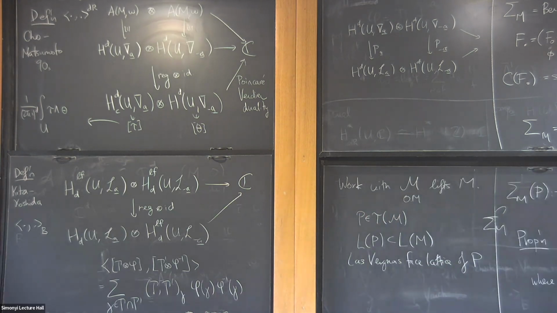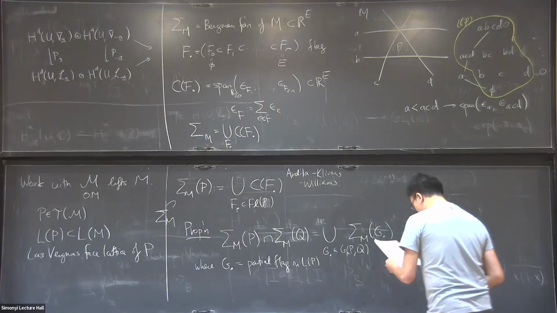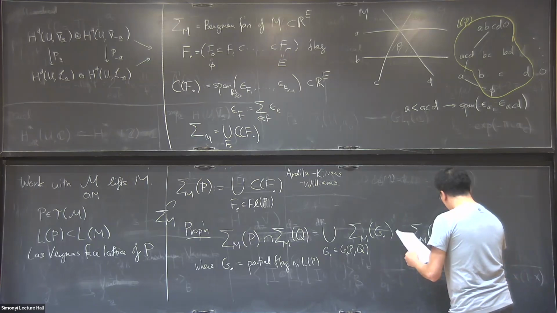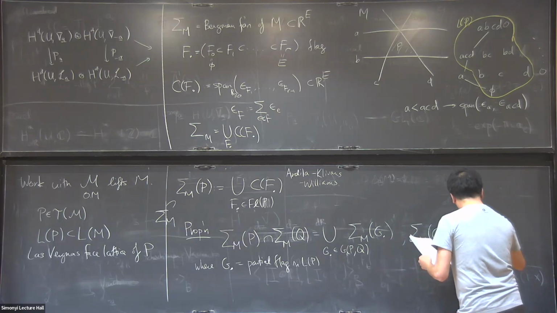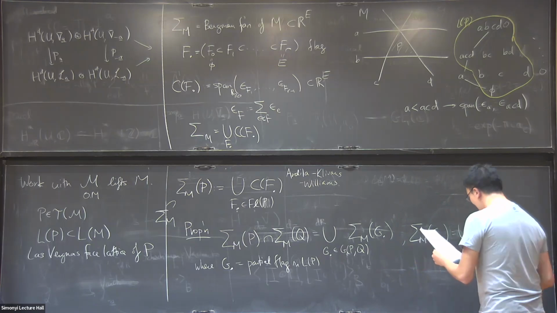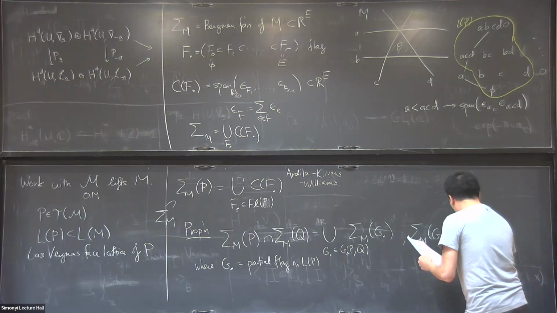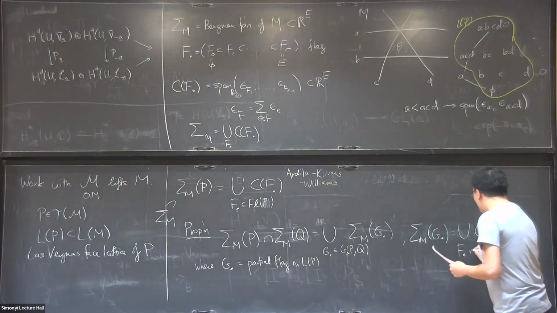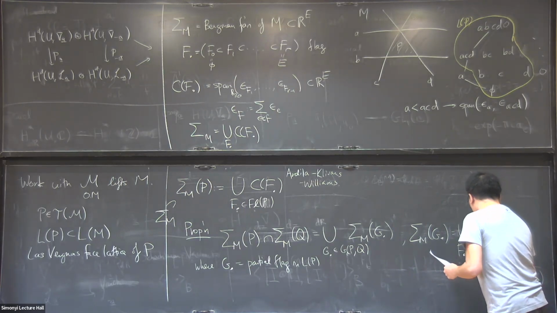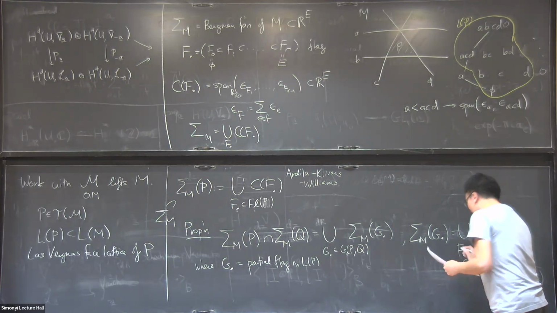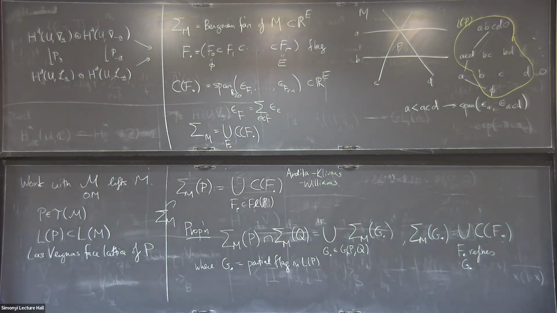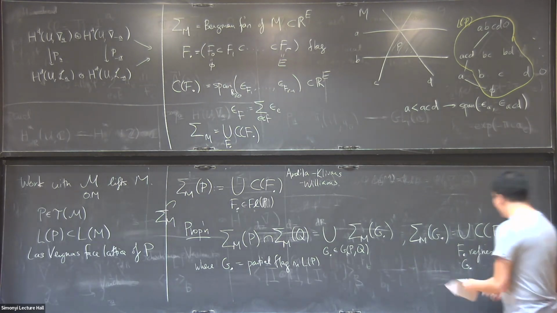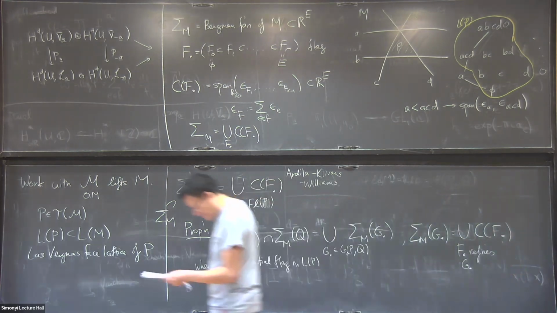And what is this thing? It is the union of all the maximal cones where the flag refines the partial flag. I suspect this is maybe familiar to some, though I have not found this before.